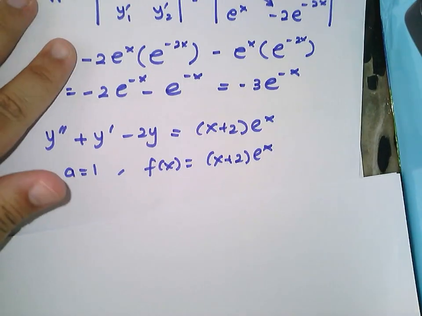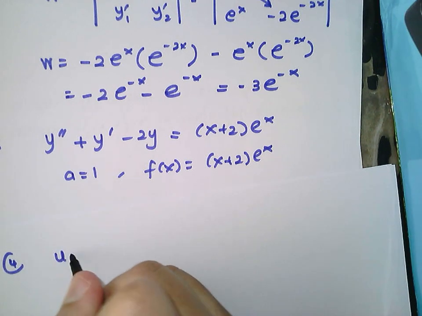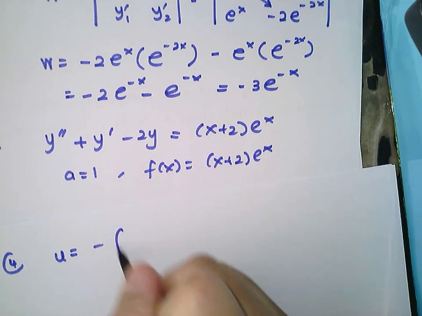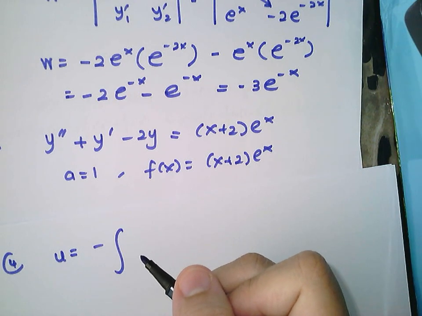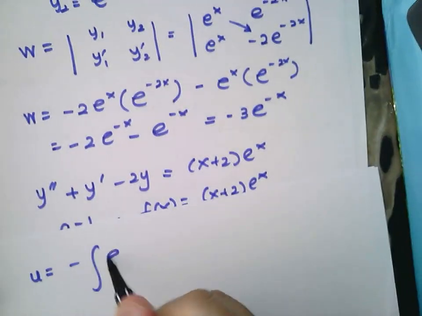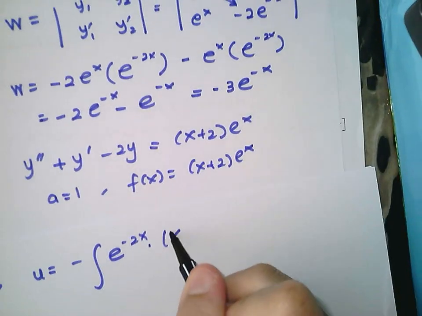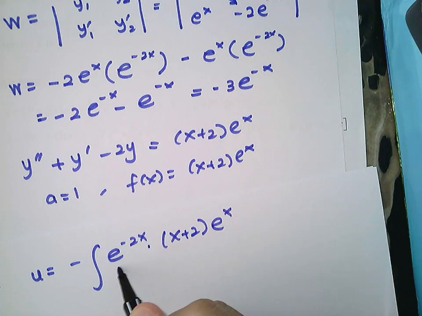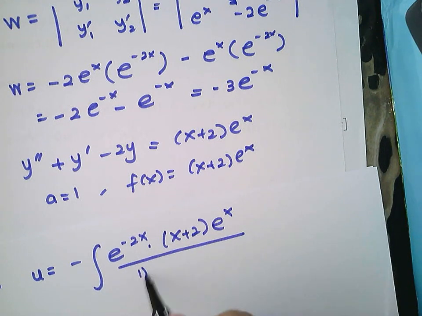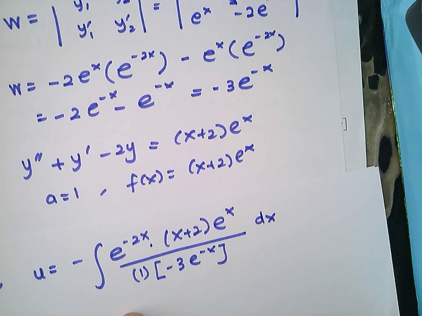You will have u equals the integral of negative y2, which is e^(-2x), times your f(x), x plus 2e^x, over your a equals 1 and your W equals negative 3e^(-x), dx. Here your constant is 1.